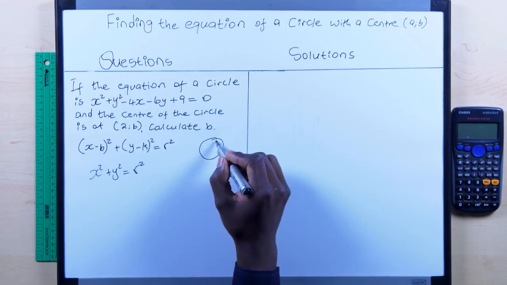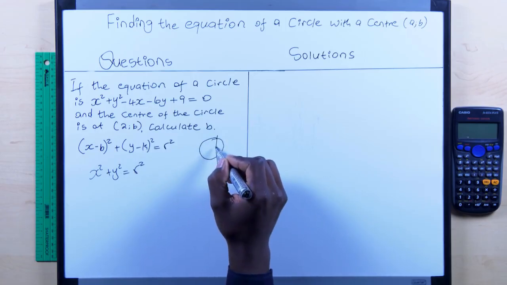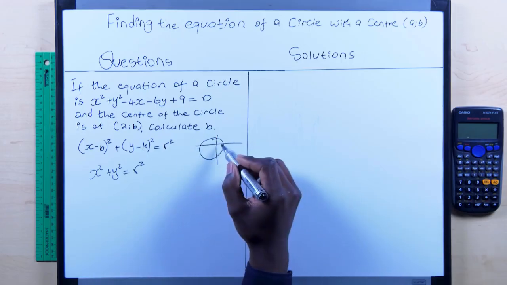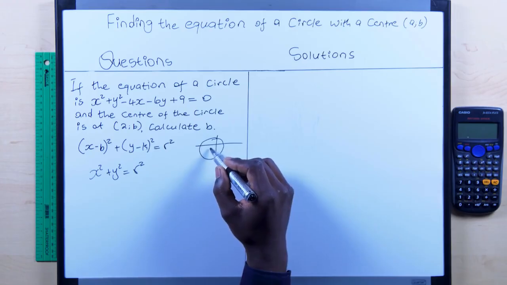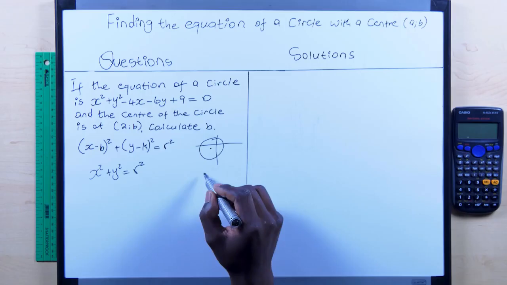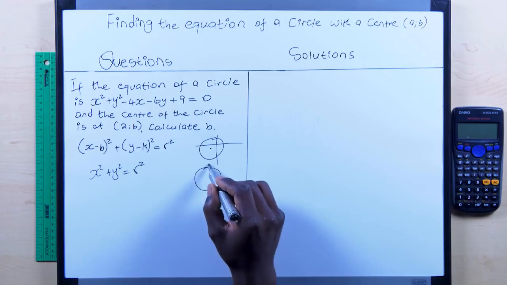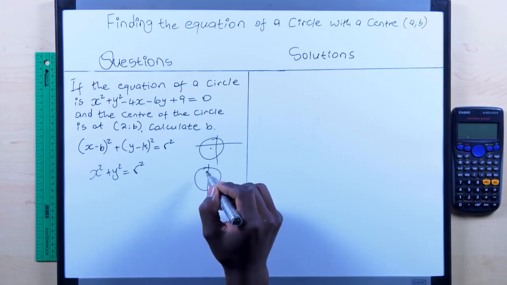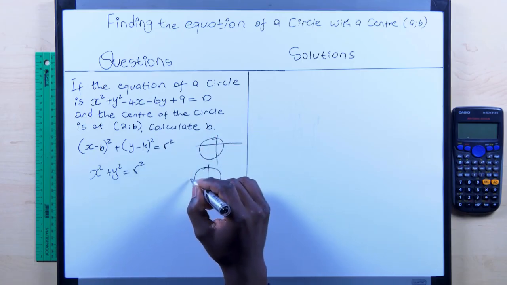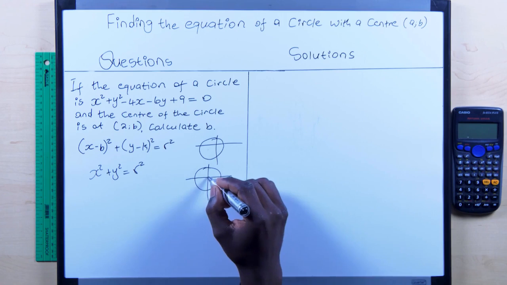So you're looking at your xy plane, something of this nature. So what does it mean? It means that your center might be here. And then, looking at this one, your center is at the origin of the Cartesian plane.